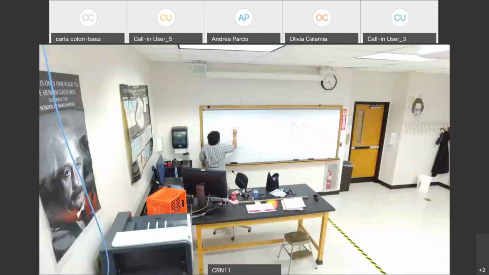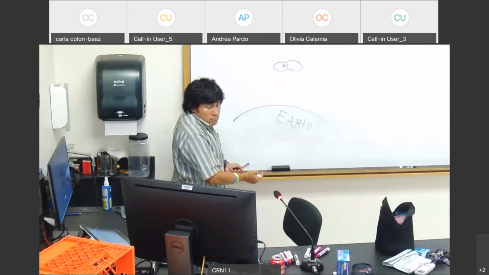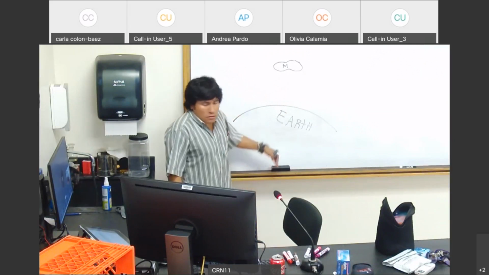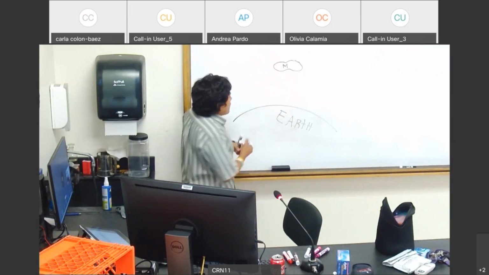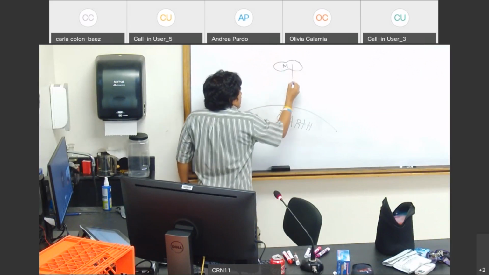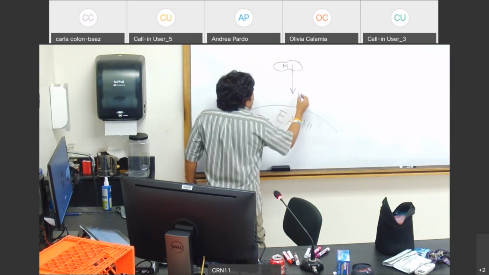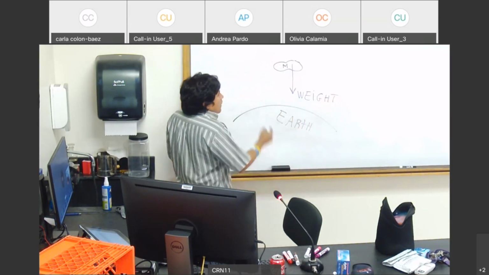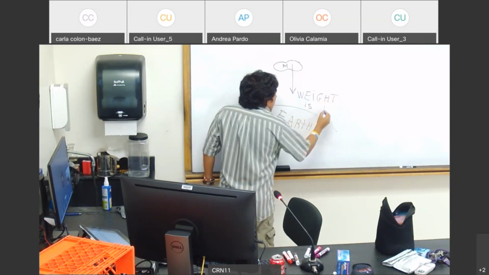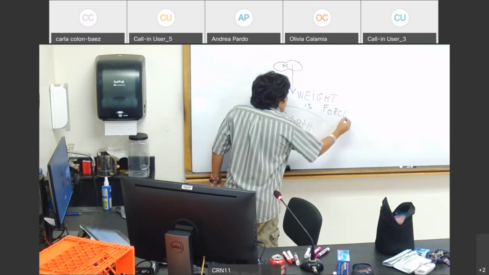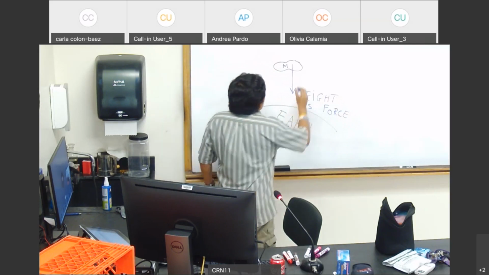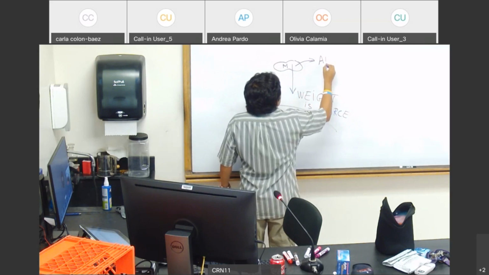It has a mass m. Because of the gravitational field of the Earth, the gravity of the Earth, that is being pulled towards the Earth. That's due to the force of gravity. This is the weight. The weight is a force, whilst the mass is the amount of matter.